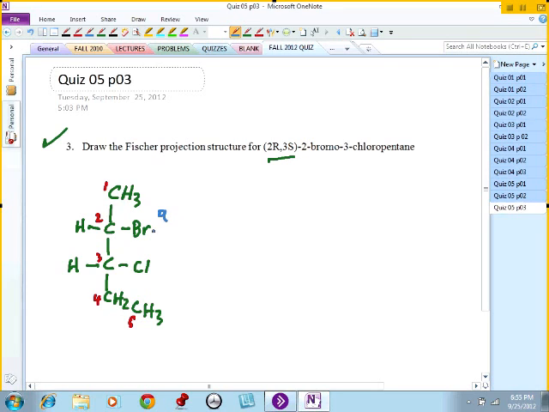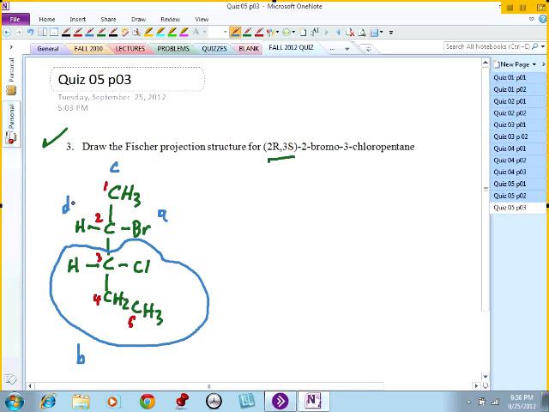Bromine is A. Now, what is B? This group here is B, right? What is C? Methyl, C. What is D? Of course, hydrogen, right? Okay.